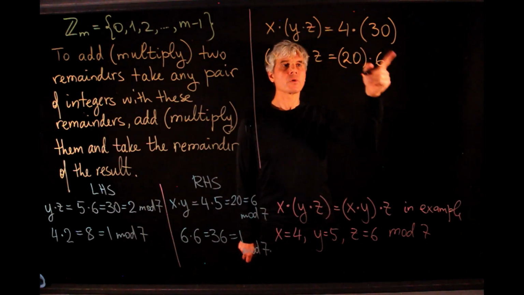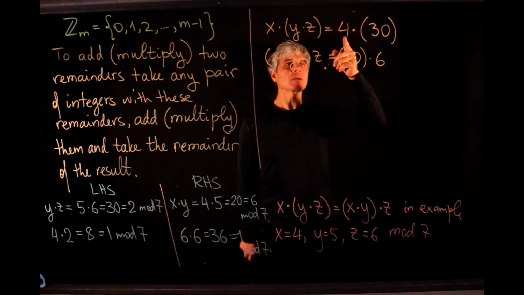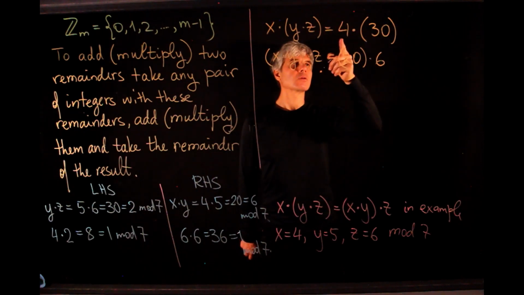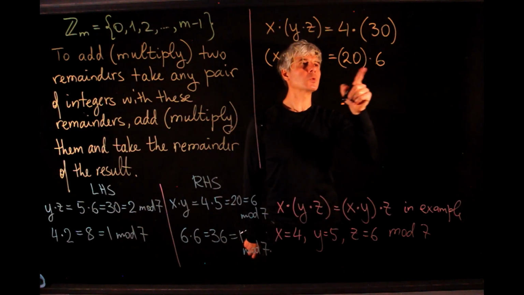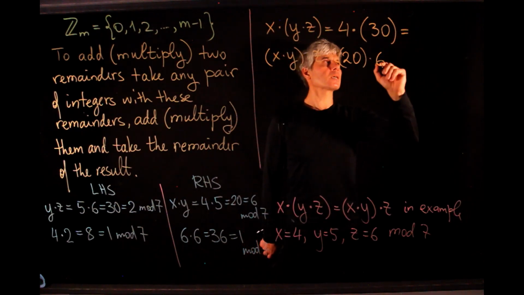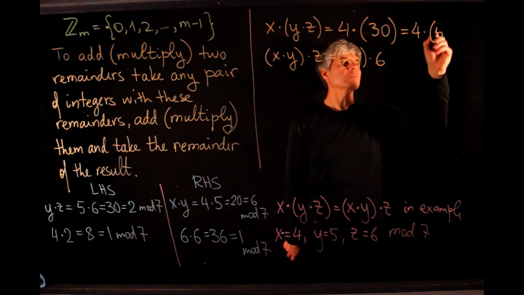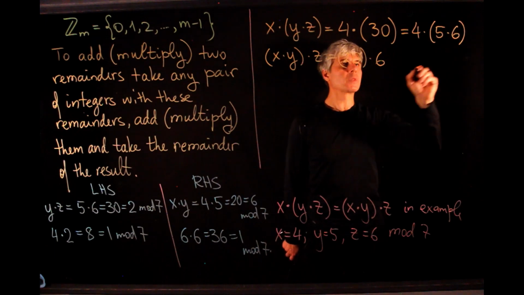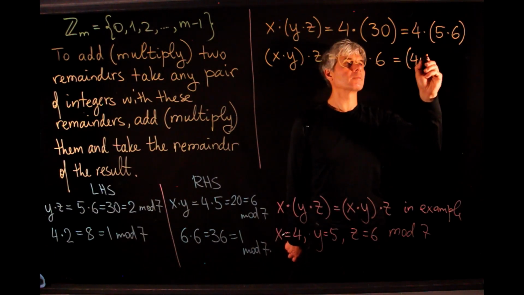And so the new rule says that in one case, we take the remainder of 4 times 30, and in the other case, we can take the remainder of 20 times 6. But what is here? We have 30 is 5 times 6. And 20 is 4 times 5.